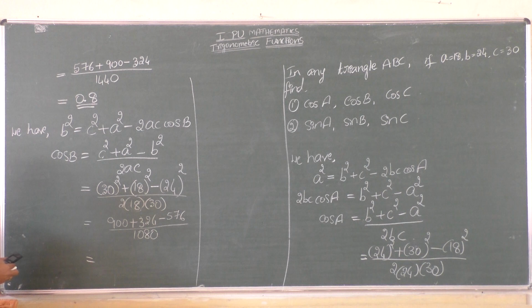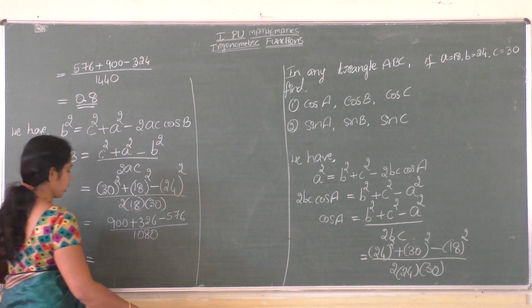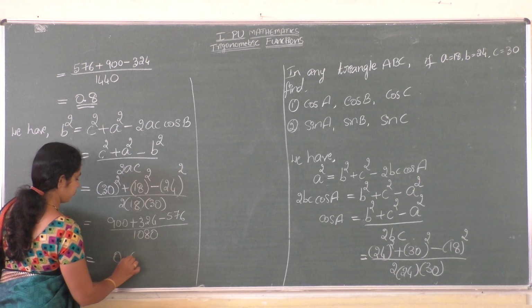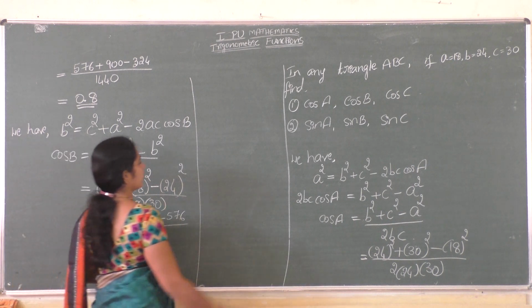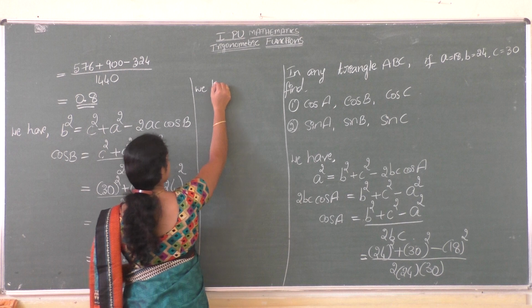Calculate the value, 900 plus 324 minus 576 divided by 1080, this is 0.6.